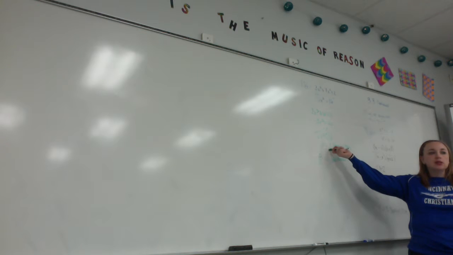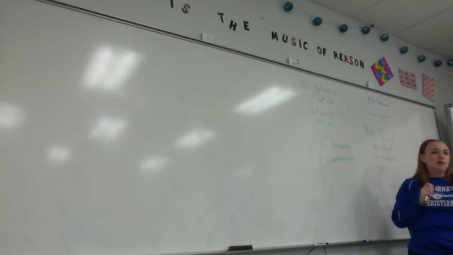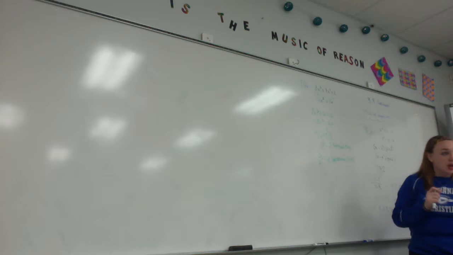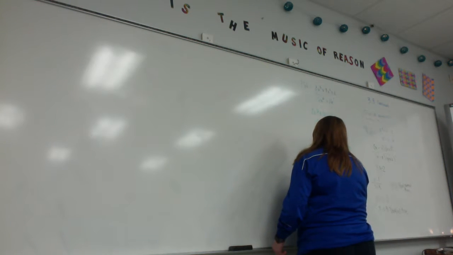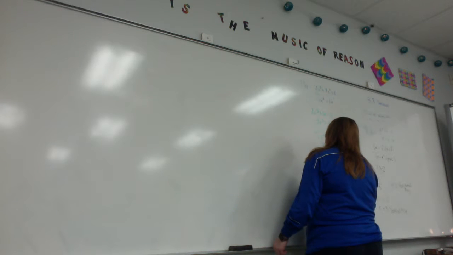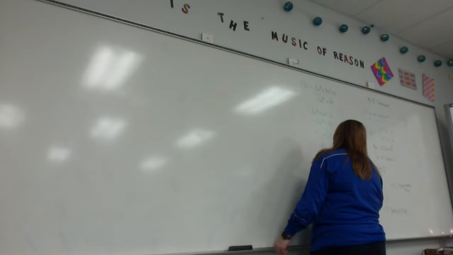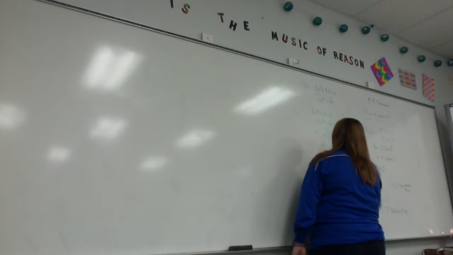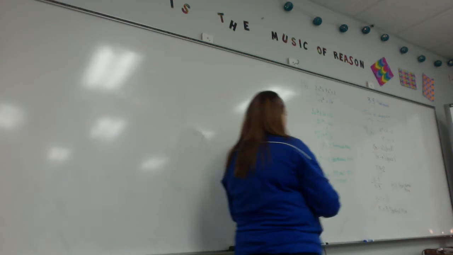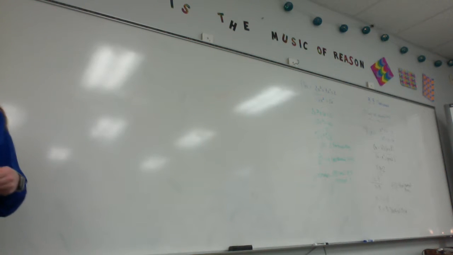So if my vertical asymptote is x equals 2, what does that mean about my domain? Except for 2. All real numbers except 2. And these are the 3 things that you're going to be looking for in tonight's homework.